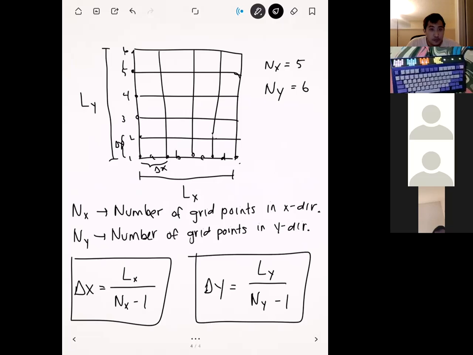Any questions on this so far? When we start to develop MATLAB code, these are quantities that you have to define at the top of the code, because that basically defines what your geometry looks like.